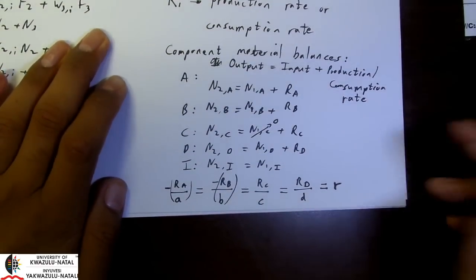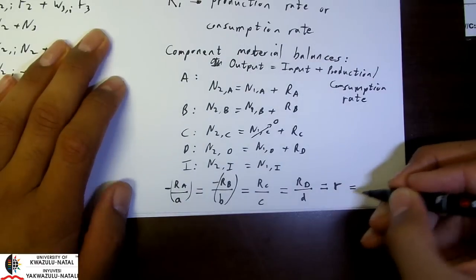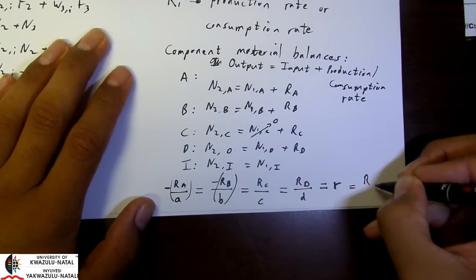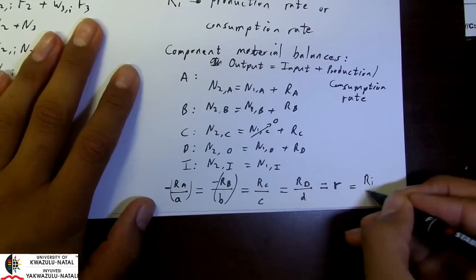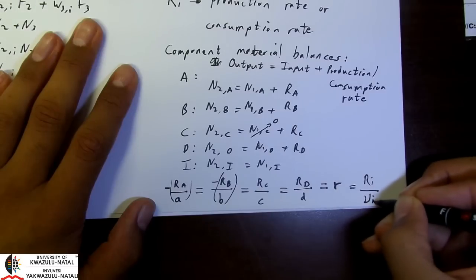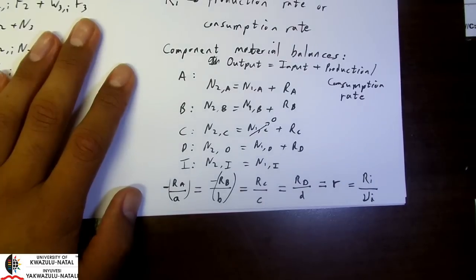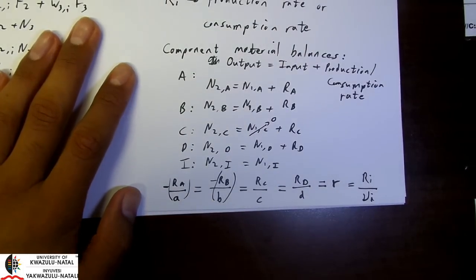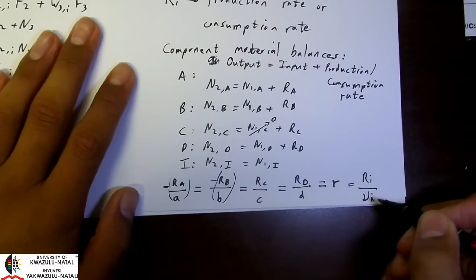In general, our overall reaction rate can be expressed as the production or consumption rate of any species i over the stoichiometric coefficient of i in our reaction. The stoichiometric coefficient will be negative for reactants and positive for products.